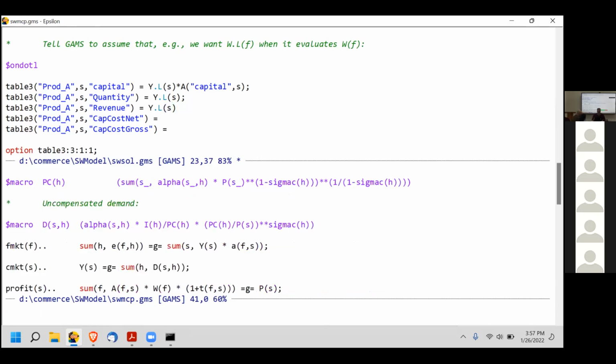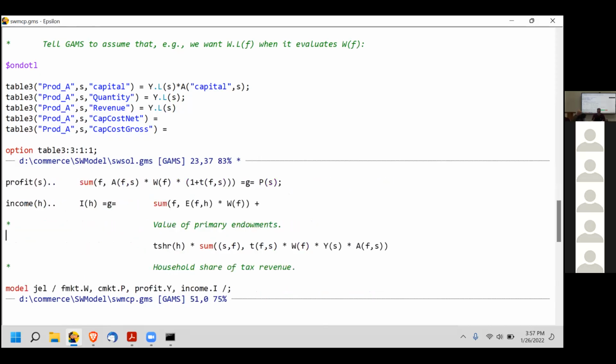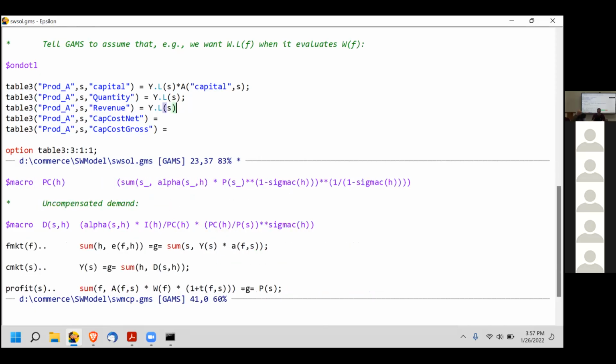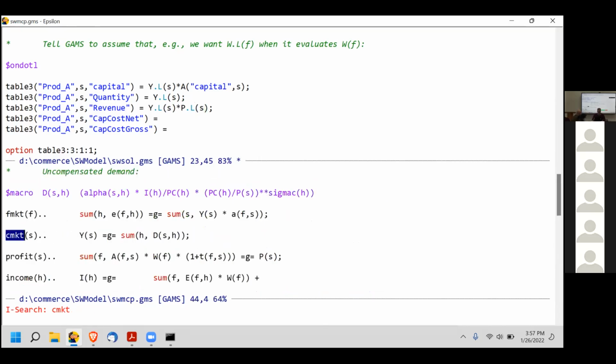The revenue is going to be Y.L of S times P of S. The capital cost net of tax is going to be W.L of capital.